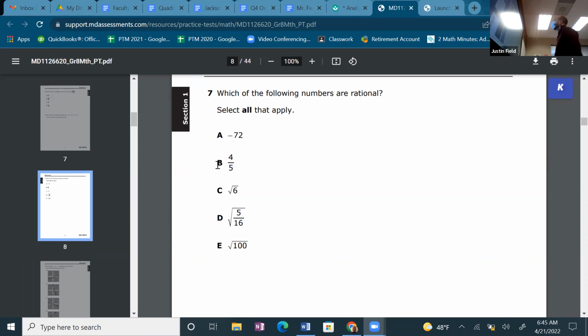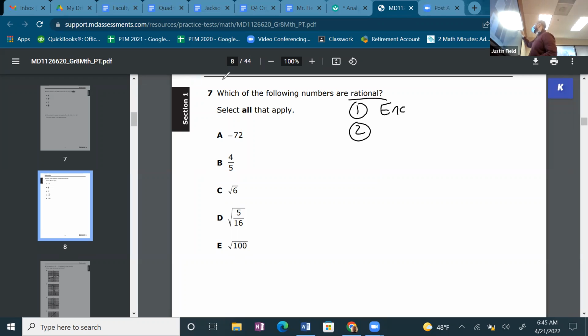Which of the following numbers are rational? All right. Pay attention. Rational numbers can be written as a fraction. I mean, that's the definition. But if you are using a calculator and you want to spot a rational number, rational numbers have 2 characteristics.